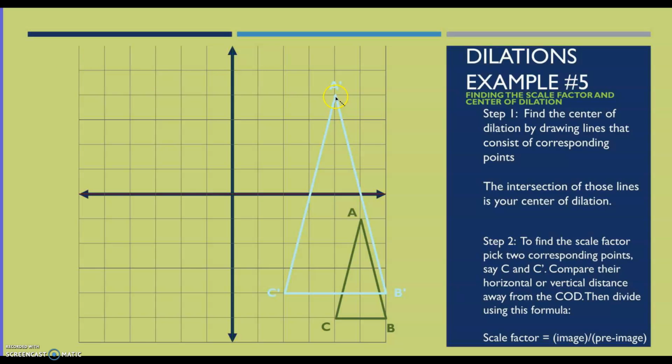So here I have A prime and A. Those points correspond. And I'm just going to draw a line through those points.